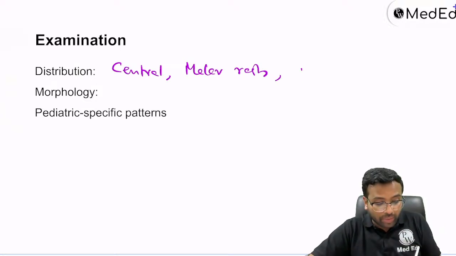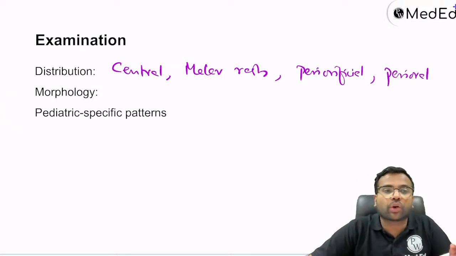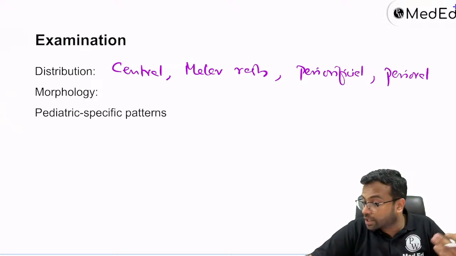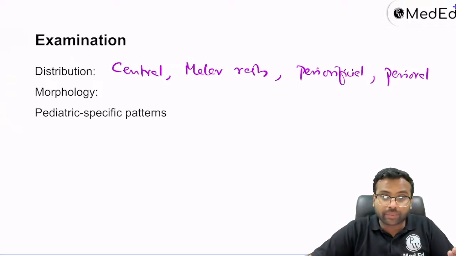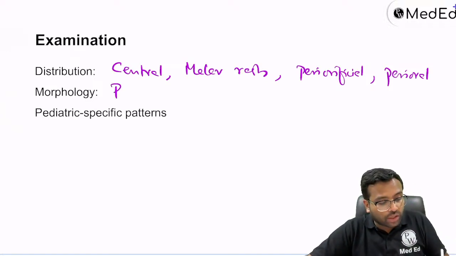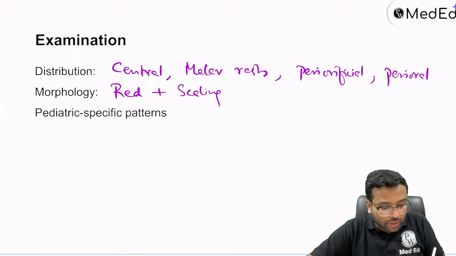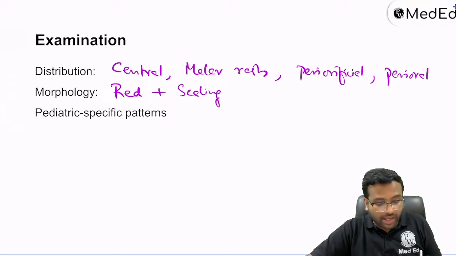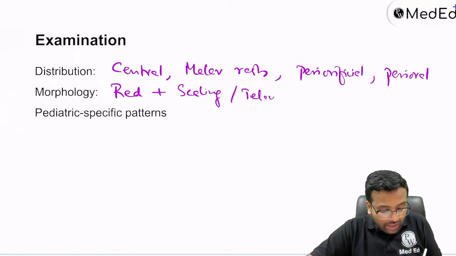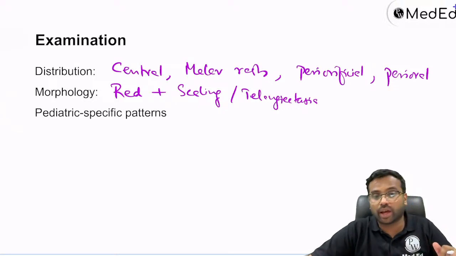Some rashes can be periorificial or perioral. So all these are going to be the different types of distribution of the rash. Correct? And along with that, we have to see what is the morphology. Morphology means there would be redness along with, is there some scaling that is present? Is there any telangiectasia that is present? So what are the associated morphology of the lesions, that also we will have to understand.